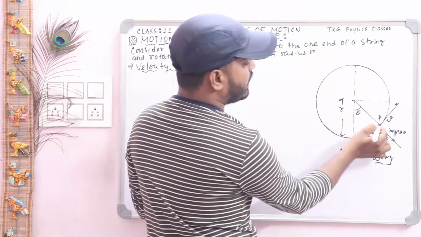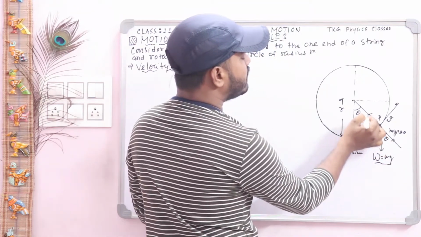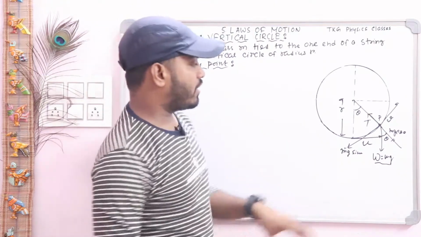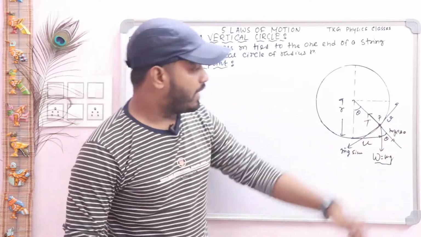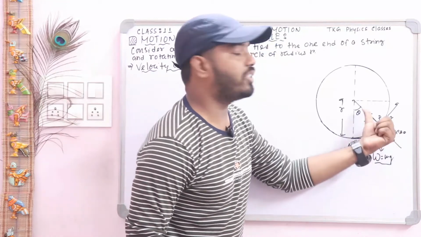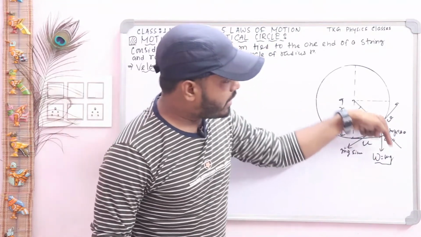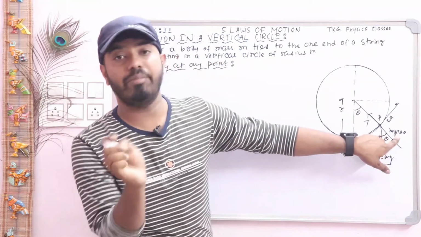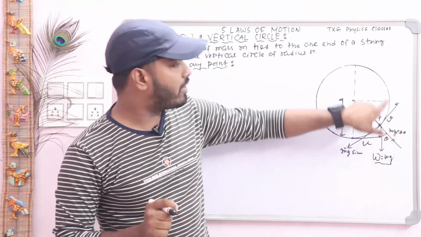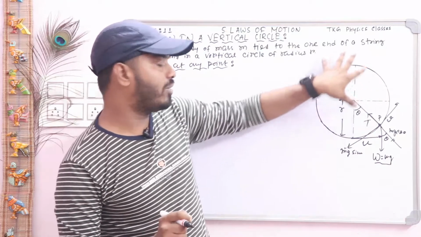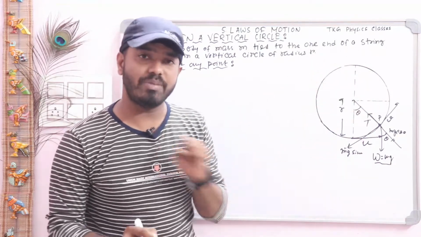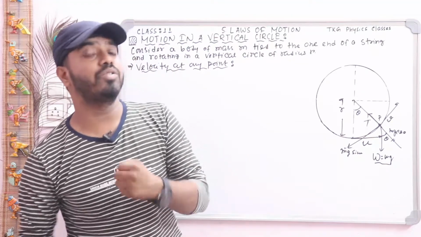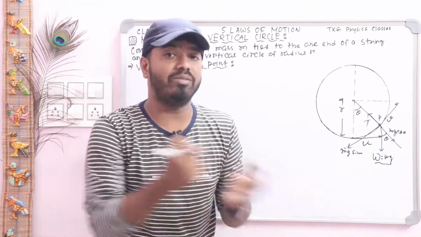And in the opposite direction there is a tension force in the string. So here you compare: in the inward direction there is a tension force. In the outward direction, opposite to the tension, there is a component named mg cos theta. Now when a body is in circular motion, there must be a centripetal force directed inward, and the centripetal force is provided by some other forces.